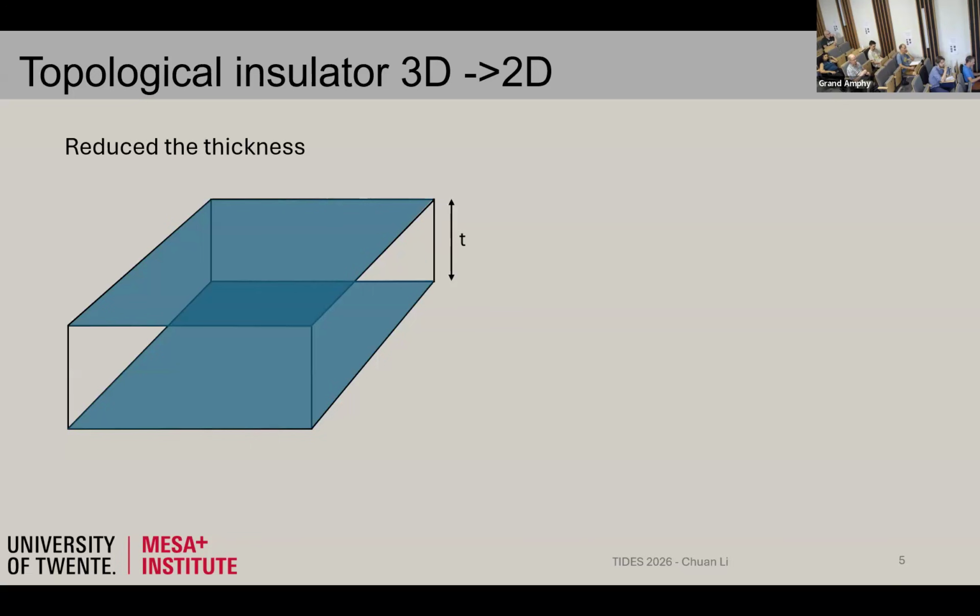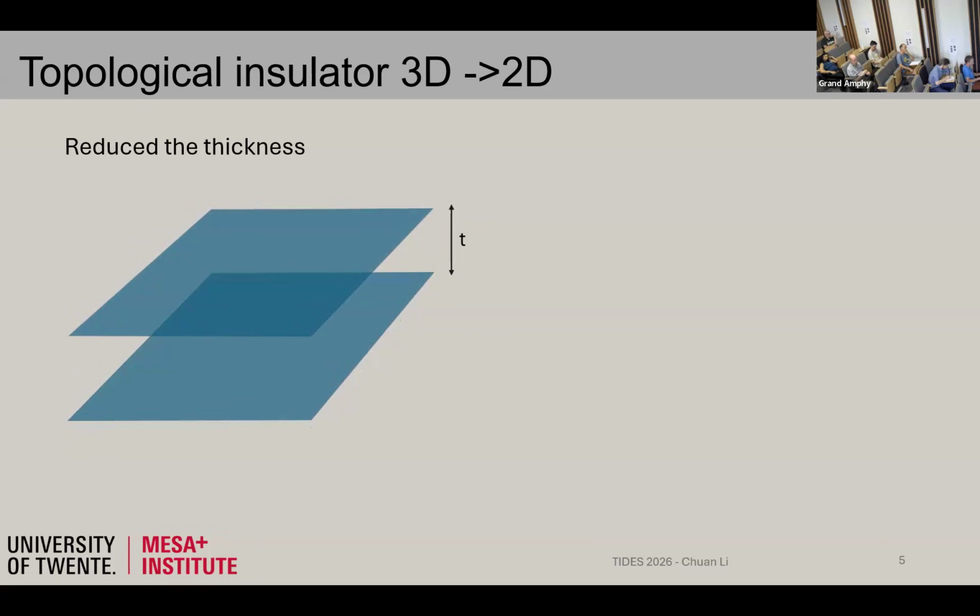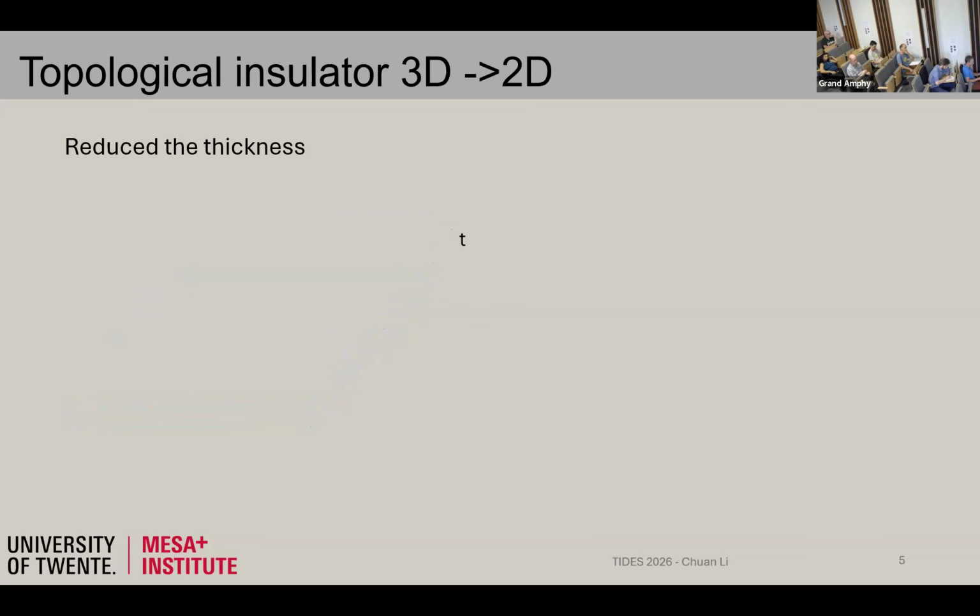Another idea about how to reduce the dimensions of your material is simply to make it thinner and thinner. So if you imagine a 3D TI, a very simple case, and you make the thickness as thin as possible, when the two surfaces get very close to each other, what will happen here?